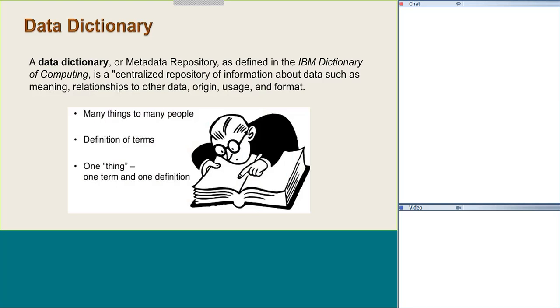And AO has that functionality of being able to take your existing schema and from it build a centralized repository of information about data. Metadata repository, we refer to it as a data dictionary. It is the single place where the definitions of all your individual data elements are stored and controlled.